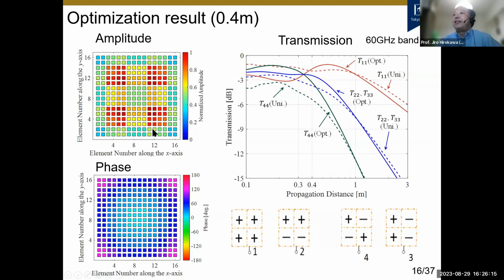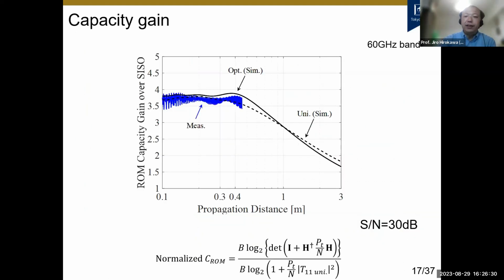Similar excitation, considering the beam shape of mode 4 in the amplitude distribution. And this is the propagation distance dependence of the capacity gain. We use the same definition.